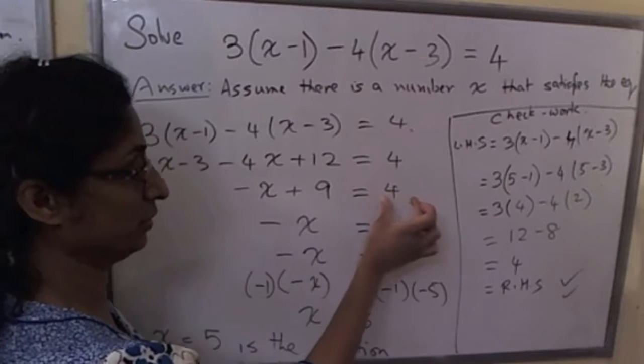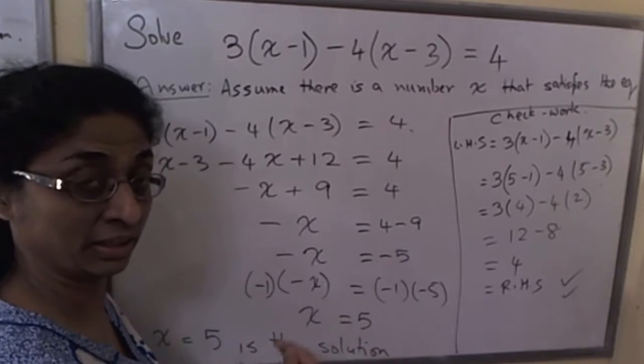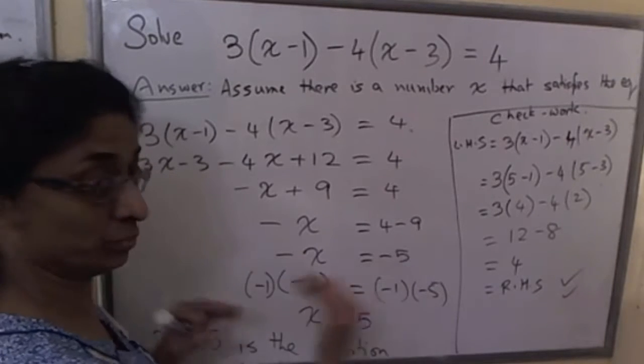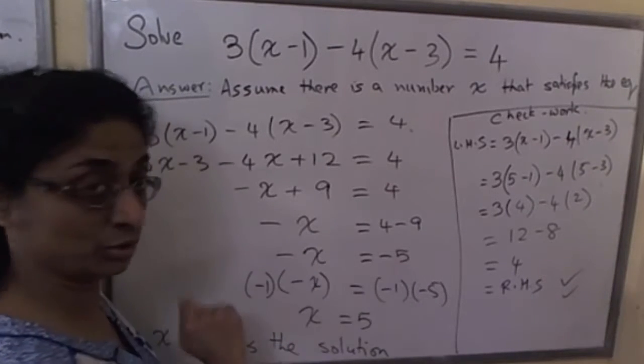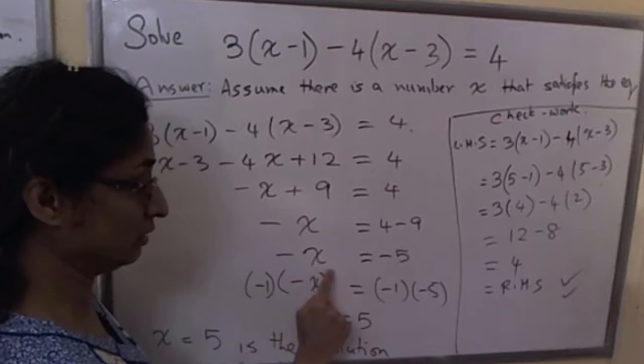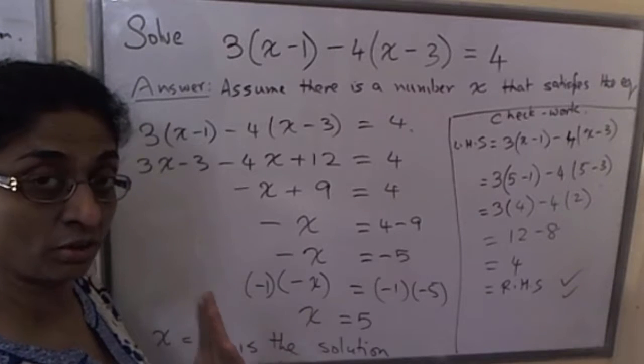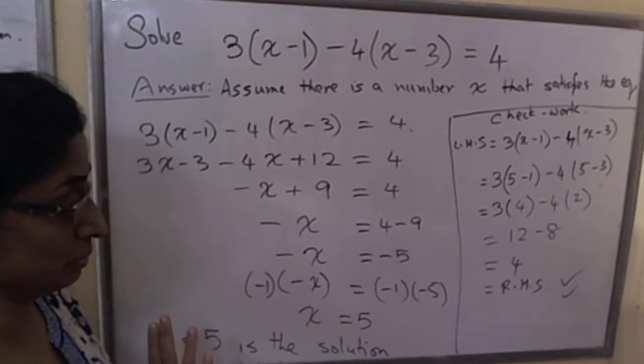Remember, this is a number, this is a number. Equality means at the same point on the number line. And if I subtract 9 from both those numbers, I still get to keep my equality sign. So now what I have here is negative x equals negative 5. Anytime there are negative numbers, go a little slow so you don't make any mistakes.